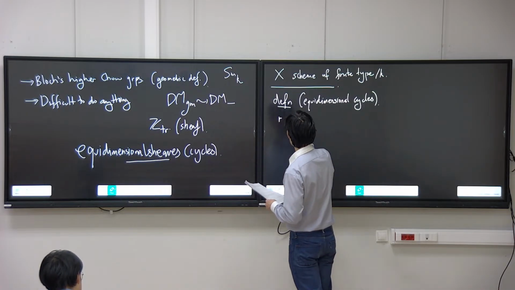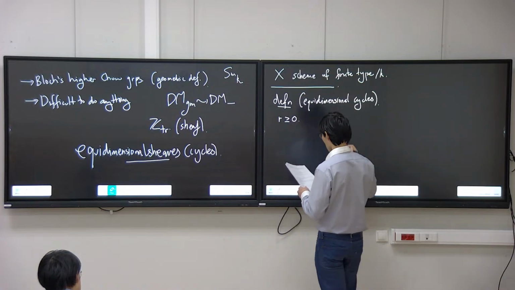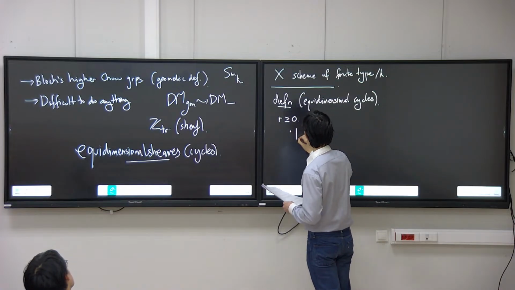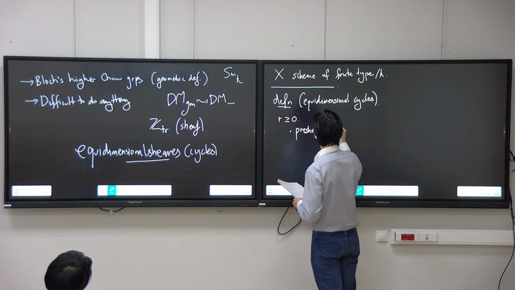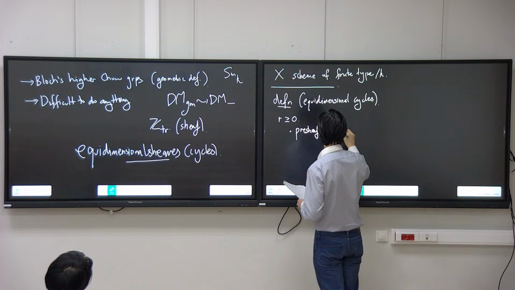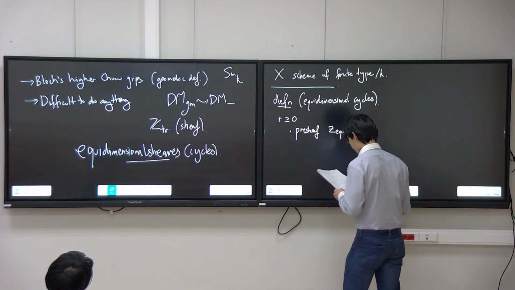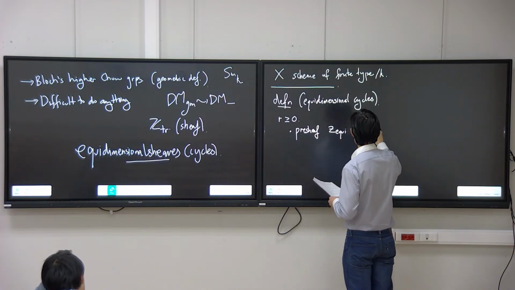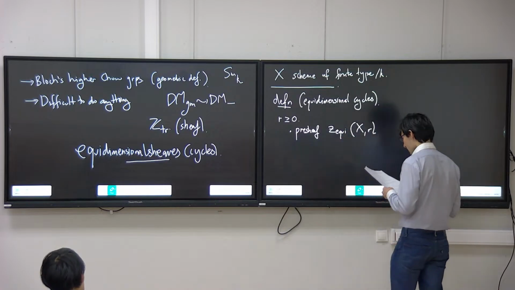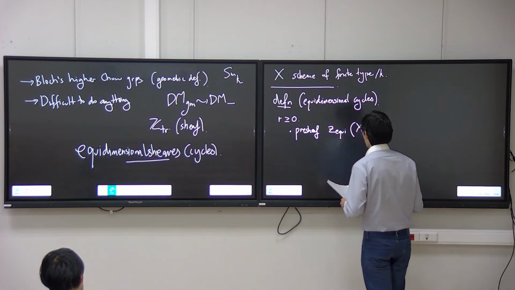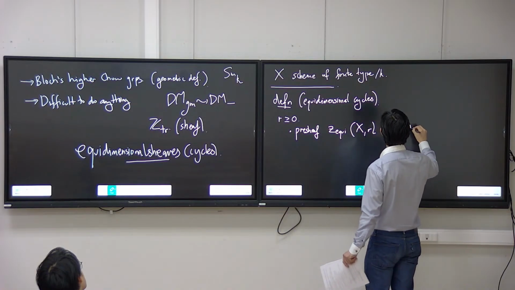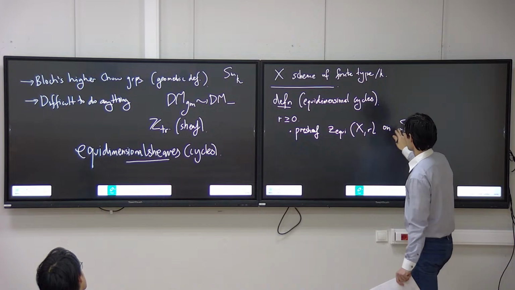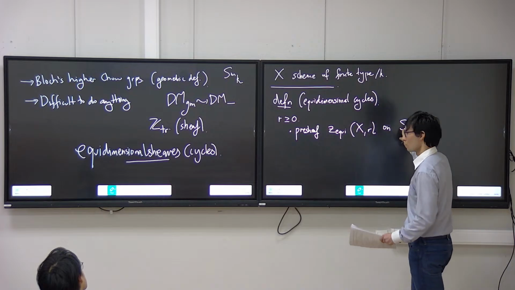So for r a positive integer greater than 0, I want to define some presheaf a priori. It's denoted in the literature by Z_equi(X, r), and the definition will explain why this is equidimensional. So as a presheaf, just for now, on our category of smooth separated schemes, even though X is finite type, but let's just put it on here.